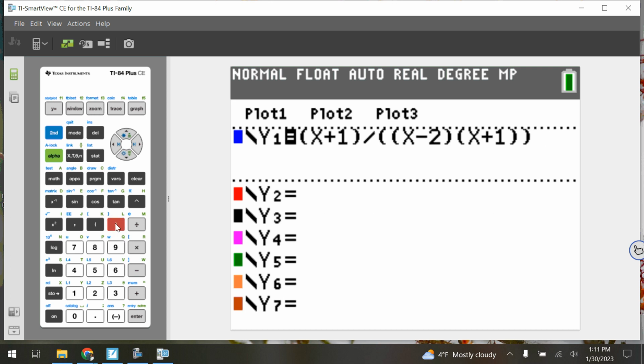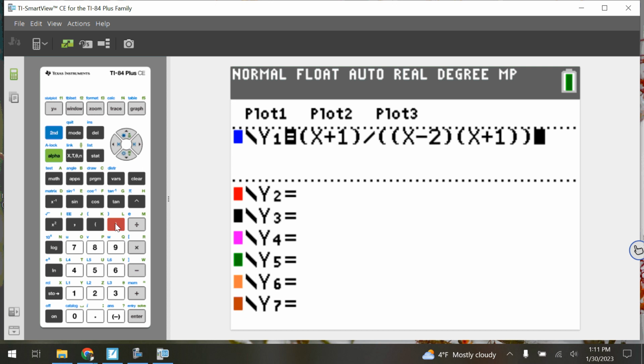You have to put the whole shebang in the parentheses in the denominator, or it's going to mess up. So that's why I need the double parenthesis in the denominator. So it divides by both x minus 2 and x plus 1, both things.